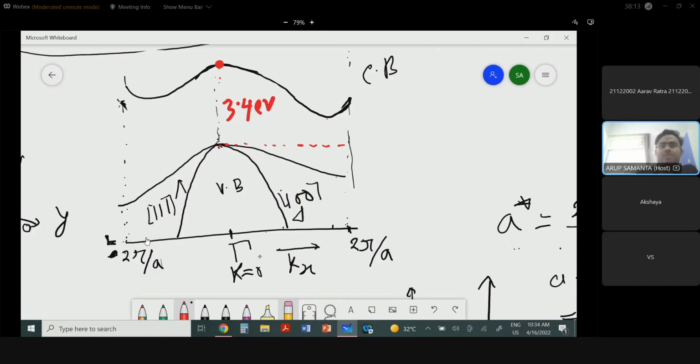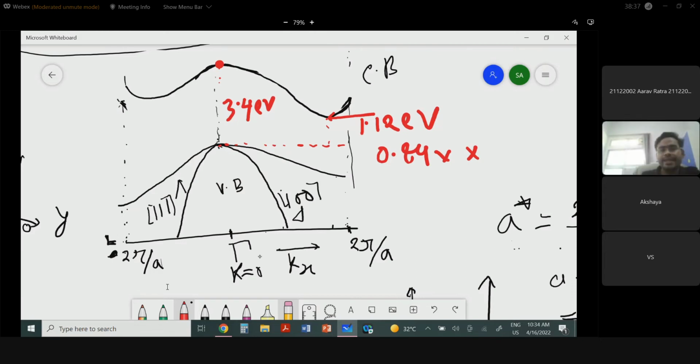The conduction band minima gives your band gap. This is 1.12 electron volts. And this location, if you measure from here to this one, is 0.84 into 2 pi by a.